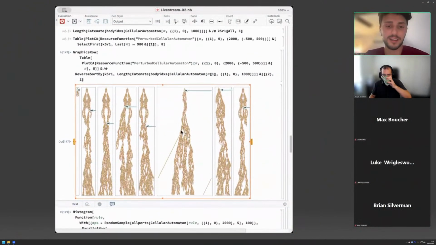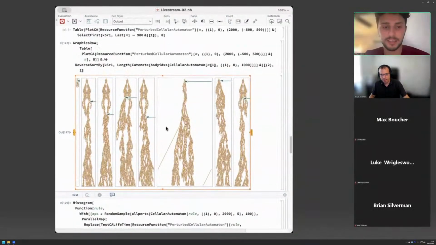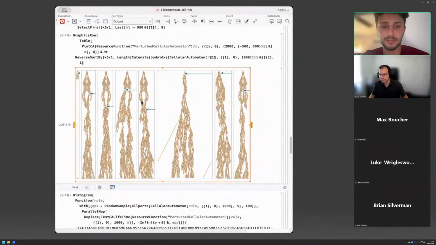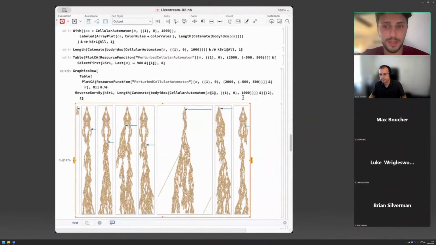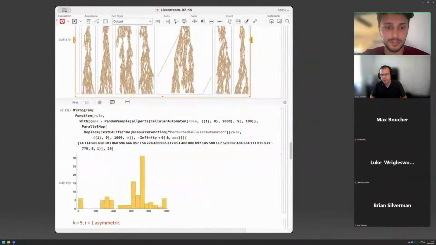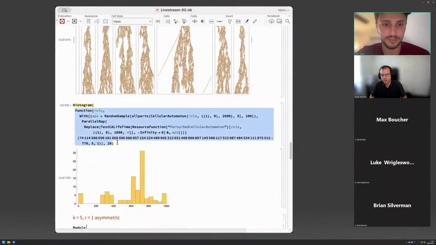So this is extremely fragile, not like cells at all in this particular case. But part of that really just depends on the pattern. We can also look at just the distributions.